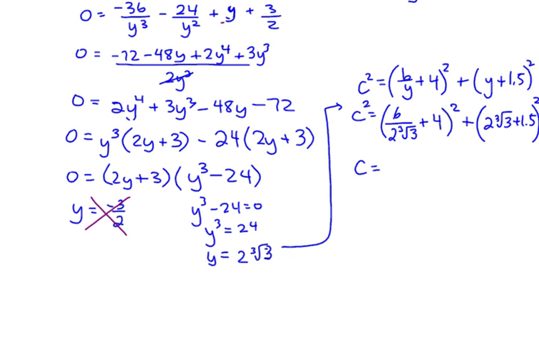Anyone get 7.49? 7.5, 2 decimal places. Did you keep it as exact? Okay, as an exact value, it would be 7.50 meters. Meters is the smallest ladder.